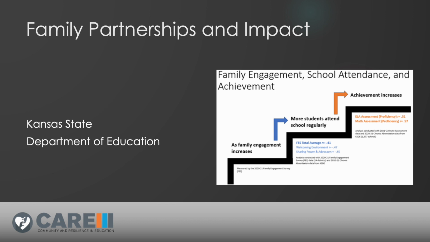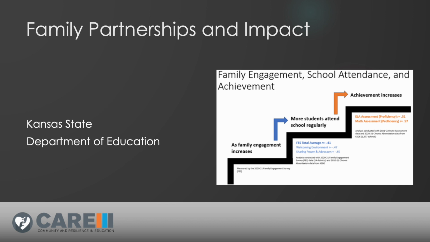So they already had this tool in place, and they started to look at the data and put interventions in place that addressed some of the areas of need or challenge areas that the data from this survey suggested. And basically what they found was that as they had increased family engagement, and again, using this tool to measure family engagement, more students attended school regularly.